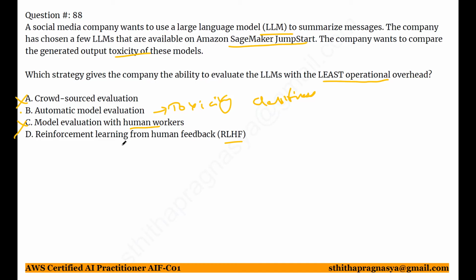While effective for improving model behavior, it involves complex workflows, including collecting feedback, training models, and iterating on the process. This makes it one of the most operationally intensive strategies, so we'll eliminate that as well. That leaves us with option B as our right answer, as it offers the least operational overhead by automating the evaluation process.